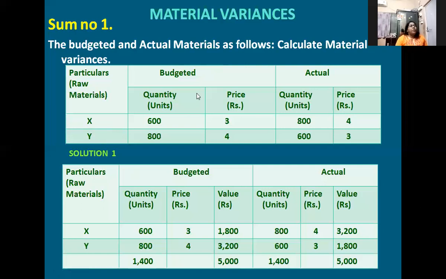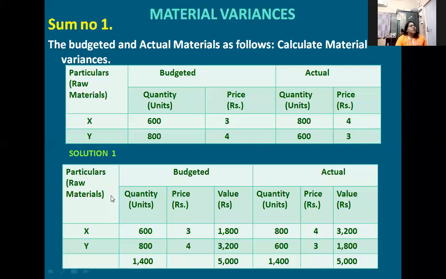In this problem, we are going to discuss how to calculate the material variances for two materials, X and Y. Here we have the standard price for X and for Y as well as the standard quantity. Likewise, we have the actual quantity for X, actual price for X, and likewise for Y separately. When you have this kind of problem, how do we proceed to calculate the material variances?